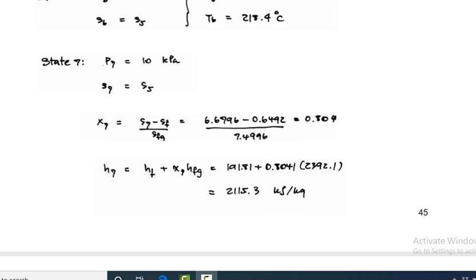If you get the dryness fraction, you can automatically find the enthalpy at point 7 with the standard formula h equals hf plus x hfg. Put the values: 191.81 plus 0.804 times 2392.1. You will get the enthalpy at point 7 as 2115.3 kilojoule per kg.